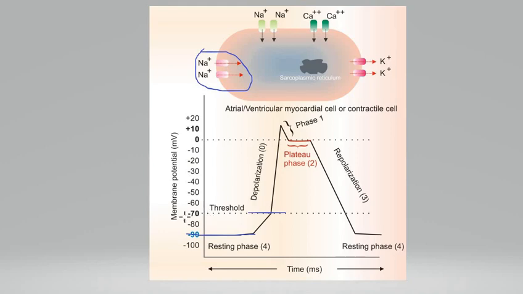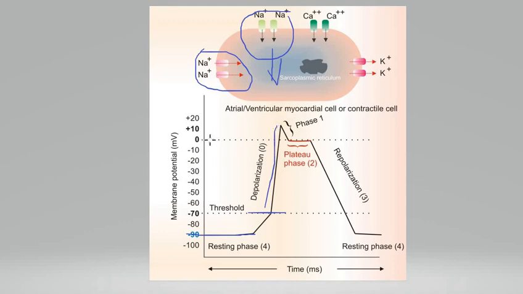Once the membrane potential reaches the threshold membrane potential, it causes the voltage-gated sodium channels to open, and a huge number of sodium ions enter the cell, and it shoots up the membrane potential up to +10 millivolt.